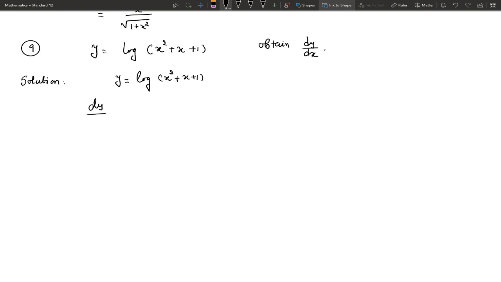So dy by dx. So first derivative of log x, it is 1 upon x. So dy by dx 1 upon x square plus x plus 1.